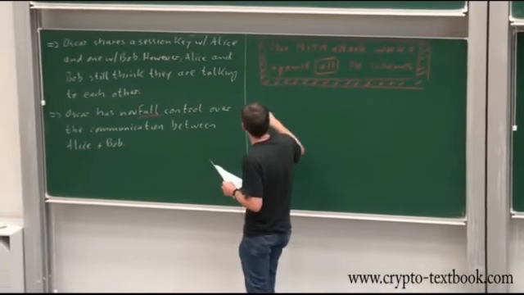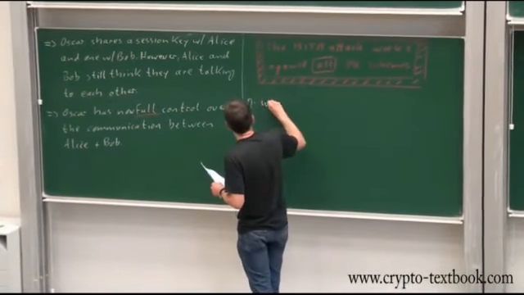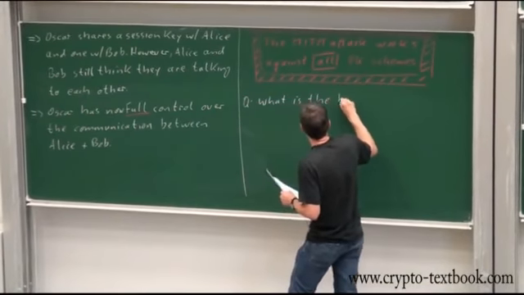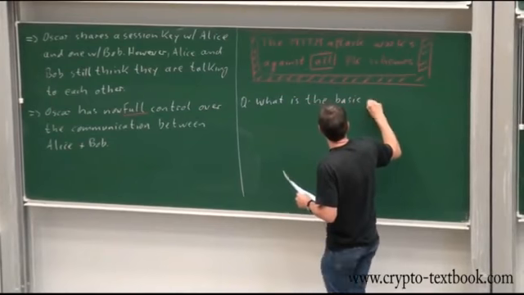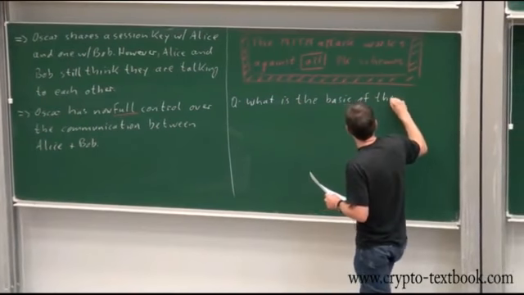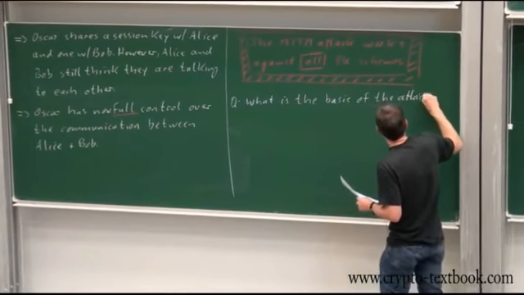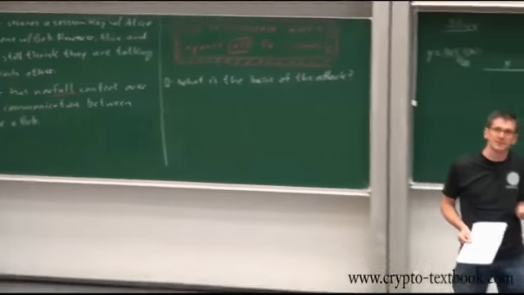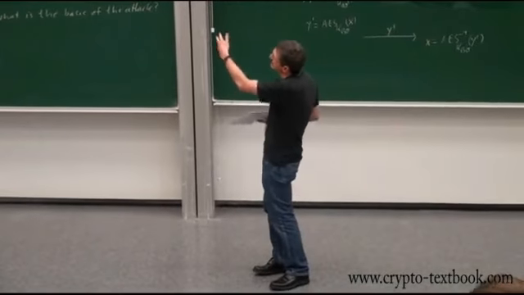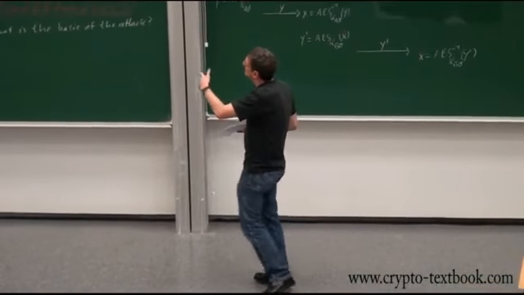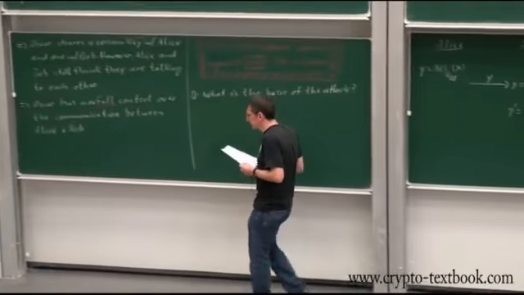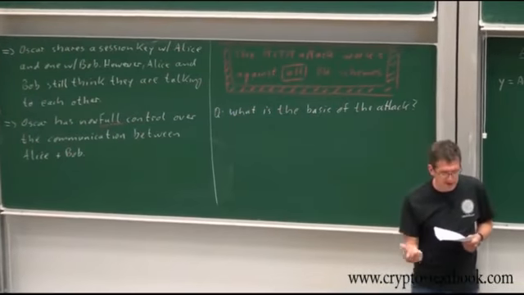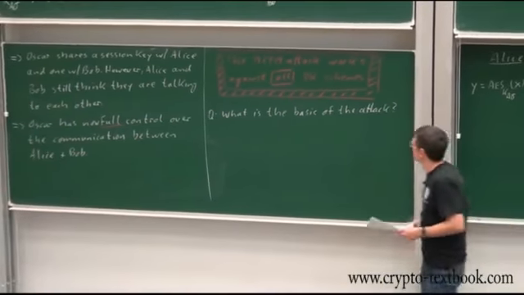The question is, what is the basis of the attack? What we really want to understand is what is fundamentally wrong here. What's happening? One thing is we can exchange keys, but on a more fundamental level, what is happening here?